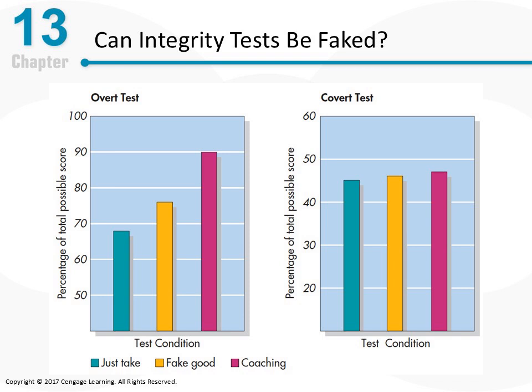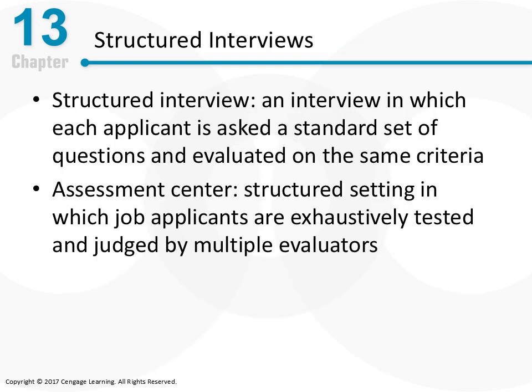Covert tests, on the other hand, ask about hypothetical situations or attitudes and tend to be more resistant to this kind of distortion and a better predictor of job performance, making them a better option when honesty is an important part of the job.